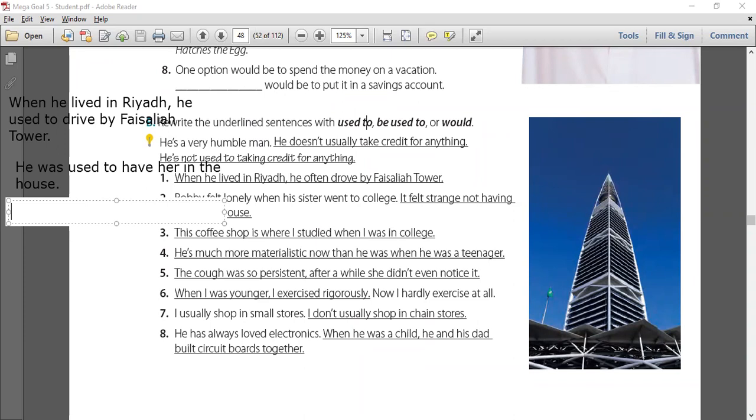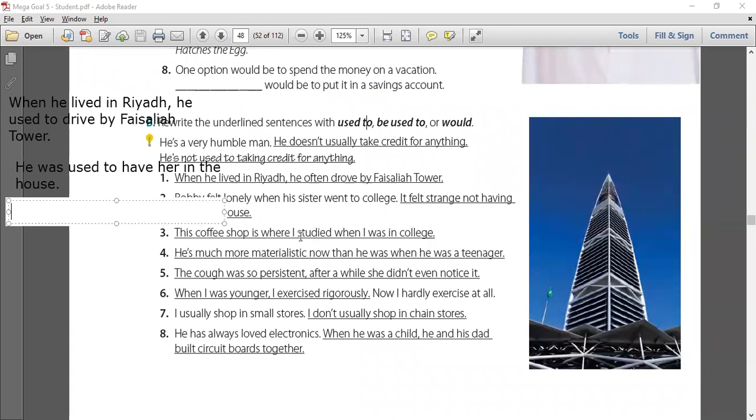Jude, would you try? Yes, teacher. Would you please answer this question? You're going to rewrite it again, whether with used to, be used to, or would.